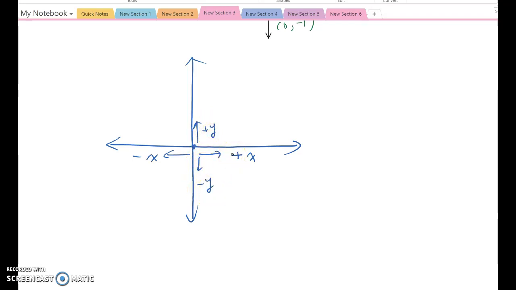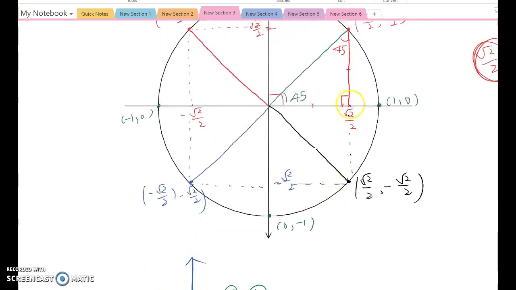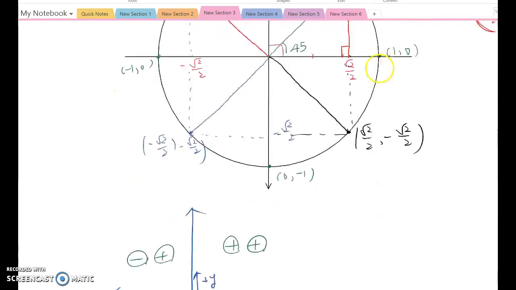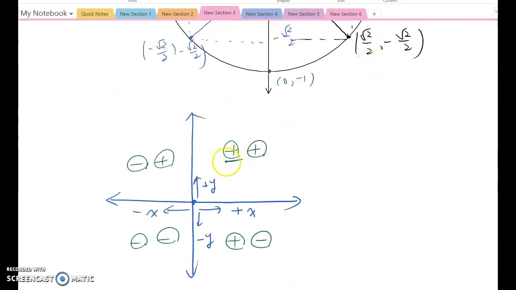Based on this, we can summarize the signs of the x and y values. This one is both plus and plus. This becomes minus and plus. This becomes minus and minus. This is plus and minus here. So through two unit circles, we checked the first value indicates cosine, the second one indicates sine.